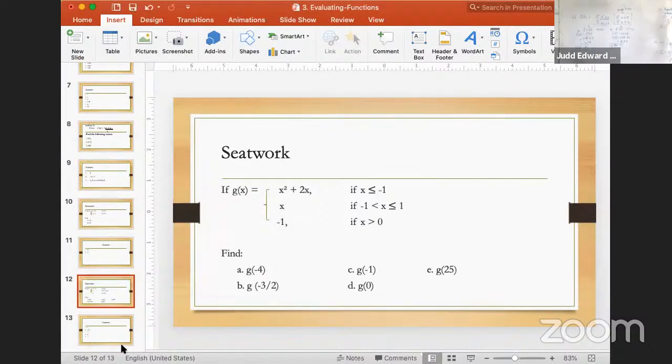Okay, what if we're now given this one? We are given another. Medyo madami ngayon, medyo madami yung binigay sa atin.